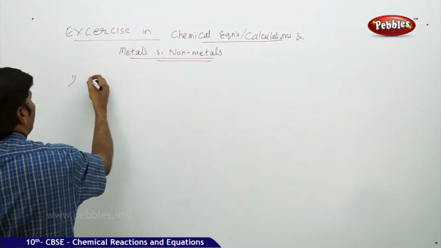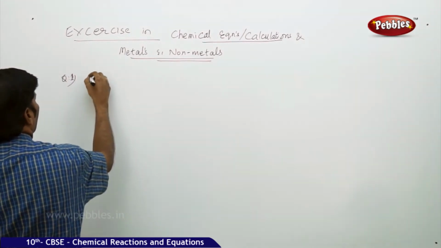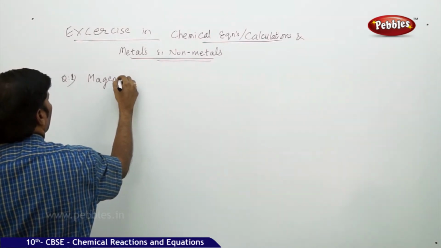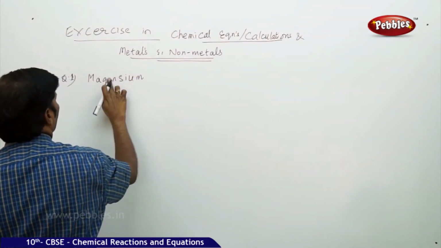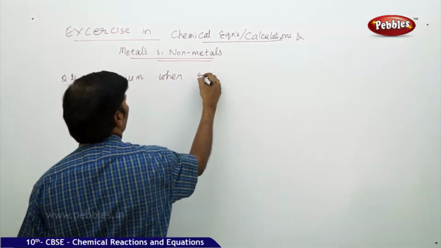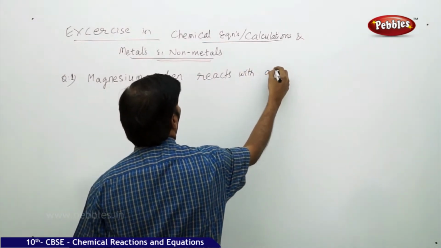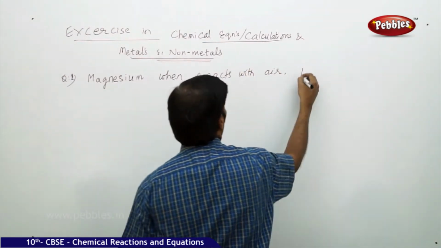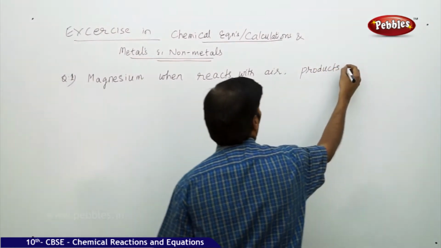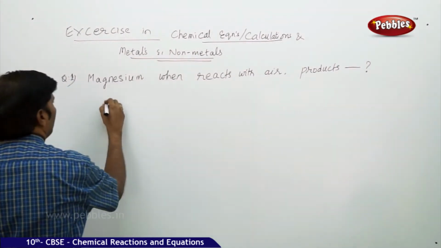First question: when magnesium reacts with air, what are the products obtained? The reaction is very simple.